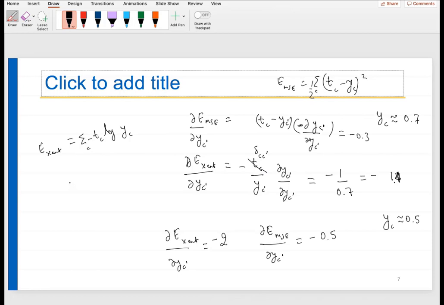But if you look at the mean squared error, it is a quadratic bowl, right? Zero here. It is a quadratic bowl, which means that the derivative becomes smaller and smaller as it goes closer to 0.